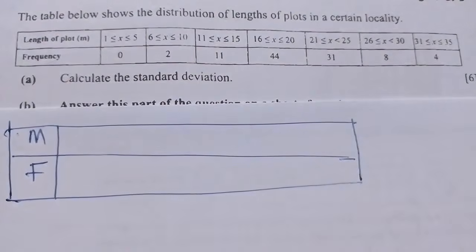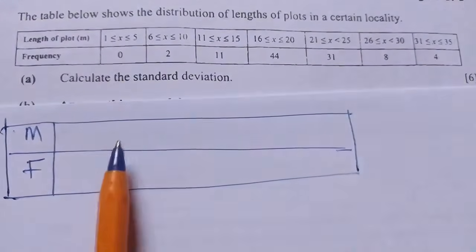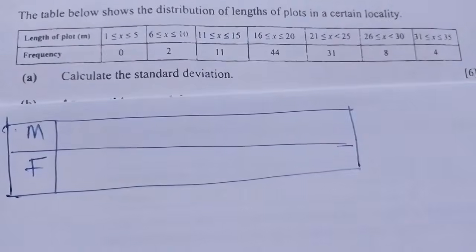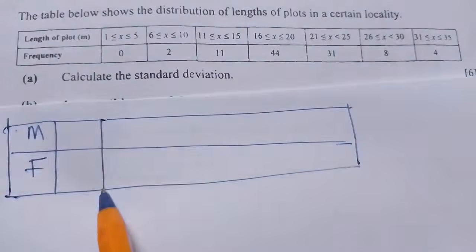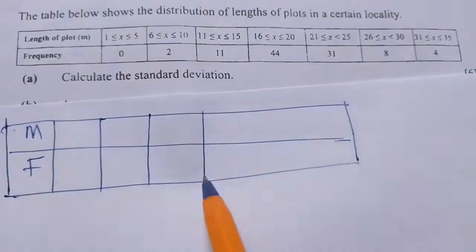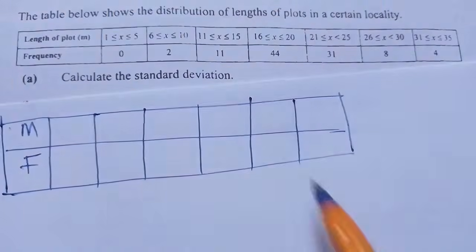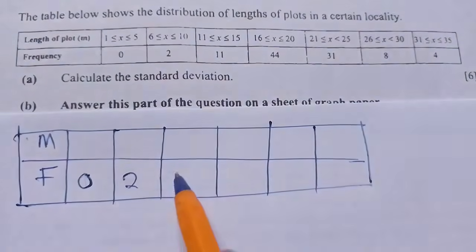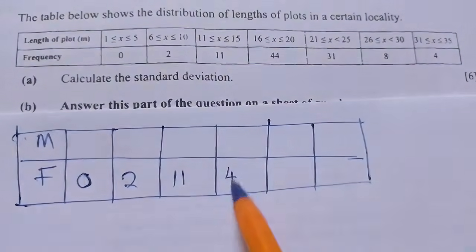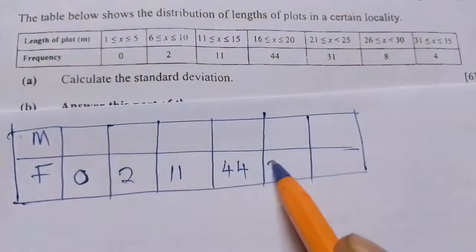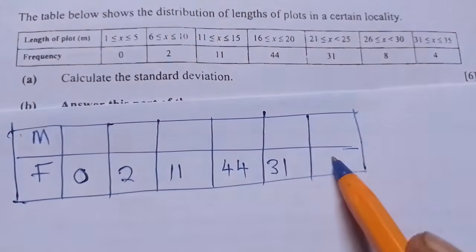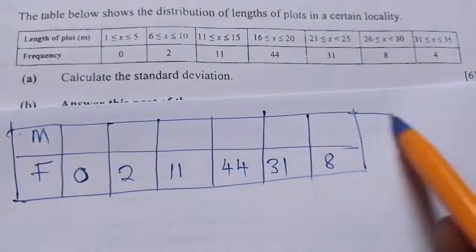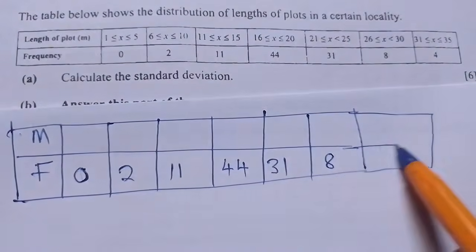So now I'll be adding here. These numbers which are down are going to maintain. So I've got 0, 2, 11, 44, 31, 8, then 4.